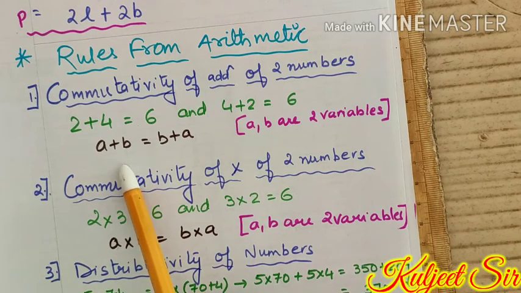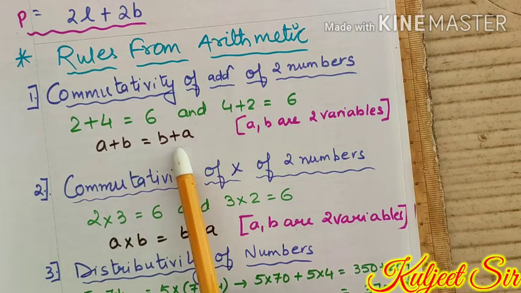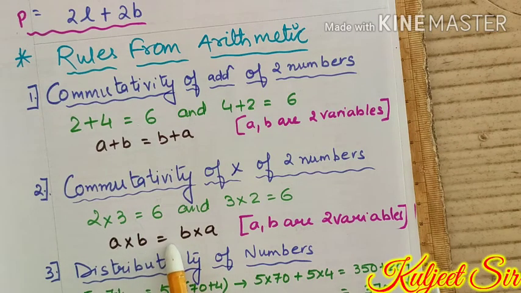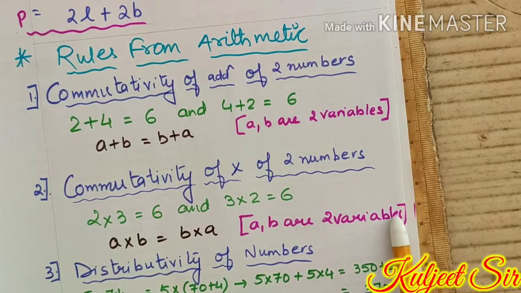So here the rule was A plus B is equal to B plus A, and here the rule is A into B is equal to B into A. You multiply it whichever way, you will get the same answer. And here also A and B are your two variables.